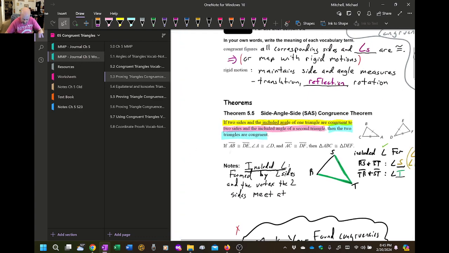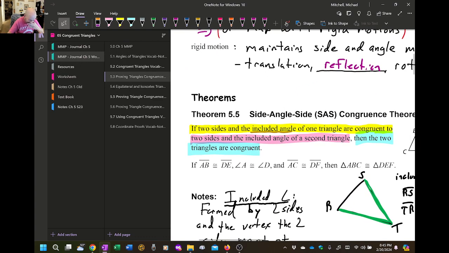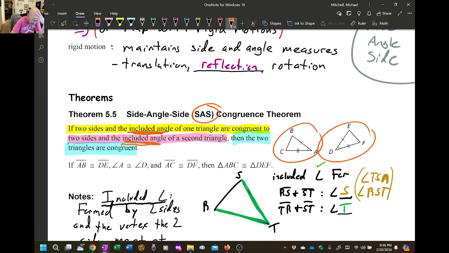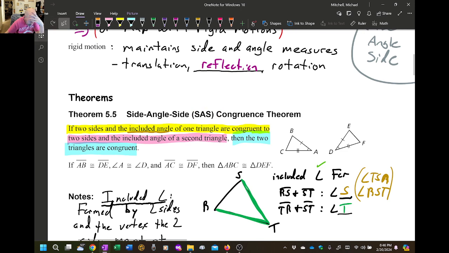Right there, you've got the SAS theorem, side angle side. Included angle it mentions in there, can't miss that. Included angle, got to mention that. You got your diagrams over here. Again, these are great things to be looking at in your studying. We got SAS, so that's one.